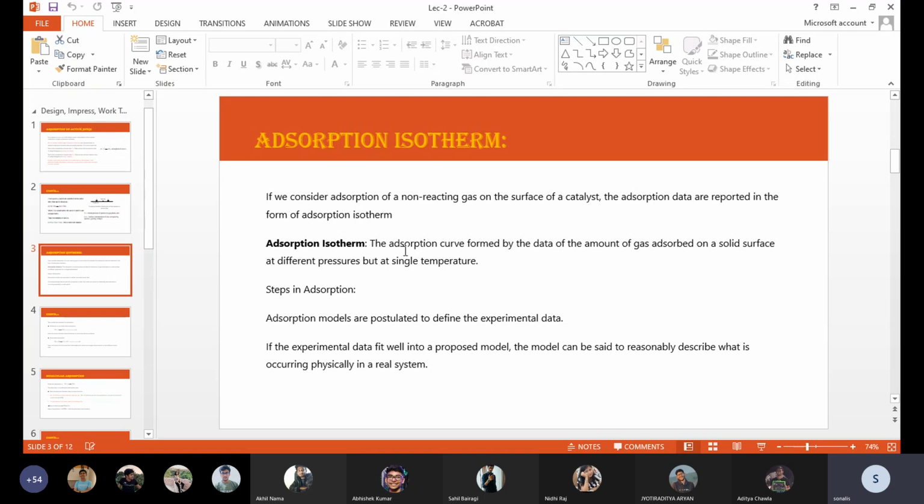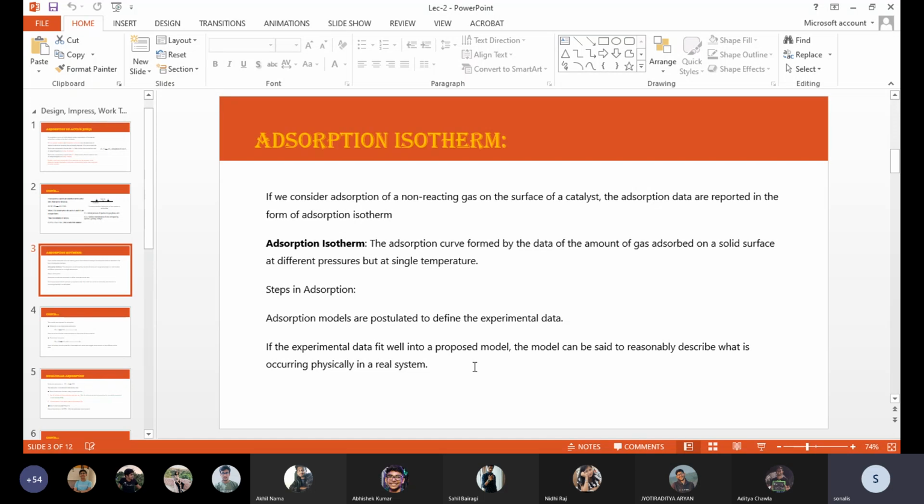So the adsorption isotherm is the adsorption curve formed by the data of the amount of gas adsorbed. Amount of gas adsorbed means concentration of gas adsorbed. In fact, we express the amount in terms of concentration on a solid surface at different pressures but at a single temperature. So, steps in adsorption. Adsorption models are postulated to define the experimental data. We fit different models.